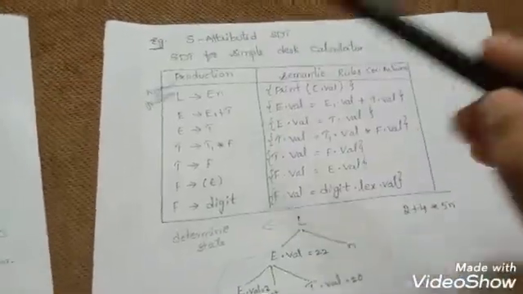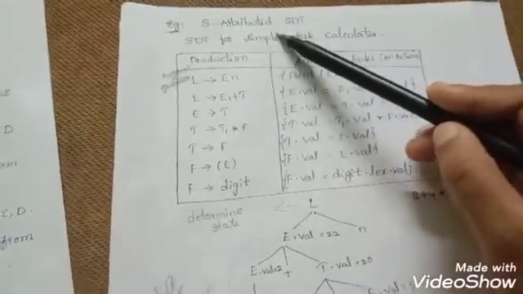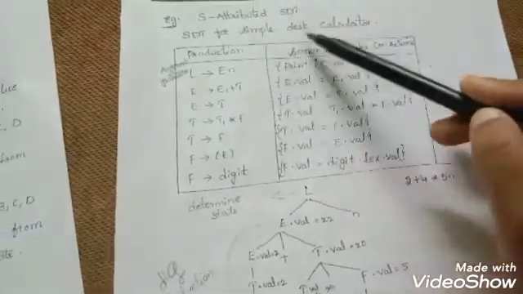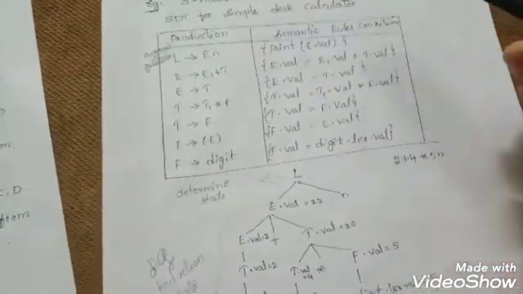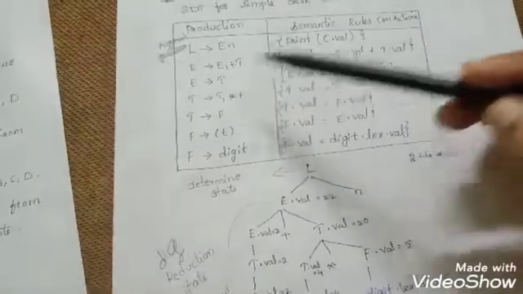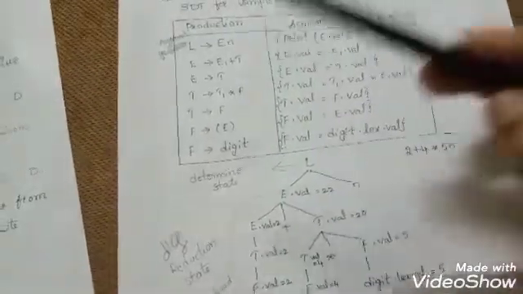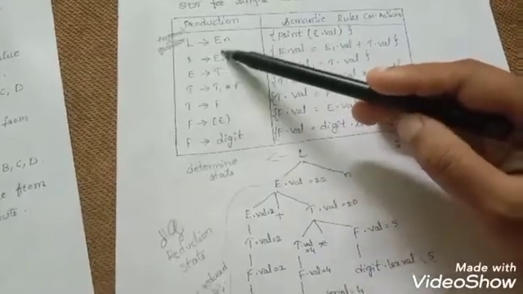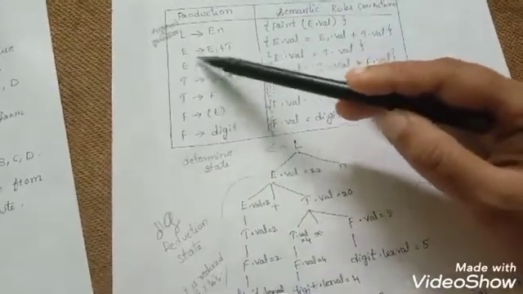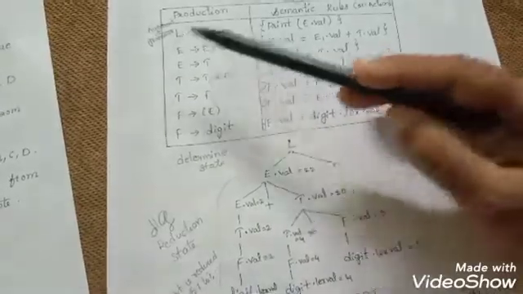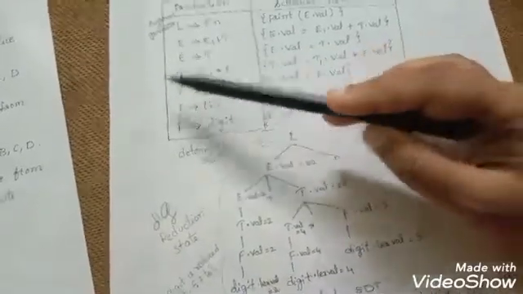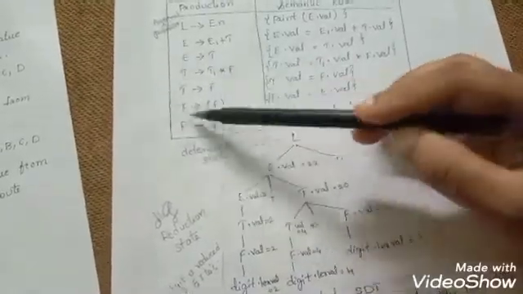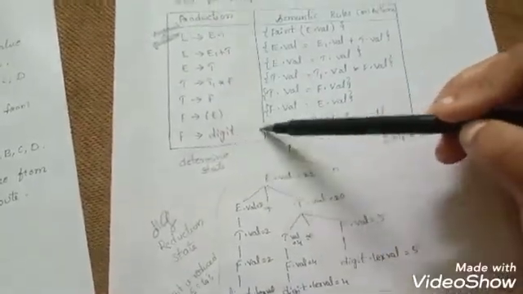Here is an example for S-attributed SDT. This is a syntax directed translation for a simple desk calculator. Here we need to consider the production as well as the semantic rules. The productions we have taken are L tends to E n, E tends to E1 plus T, E tends to T, T tends to T1 star F, T tends to F, F tends to (E) and F tends to digit.